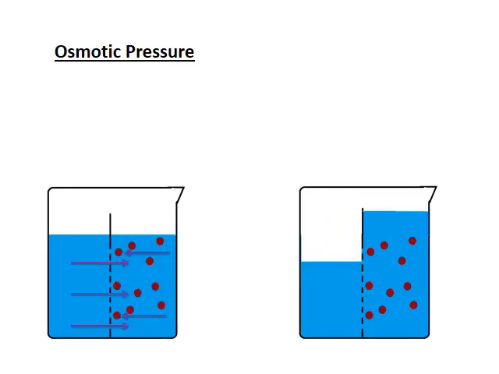Osmotic pressure is another phenomenon that's related to solute particles, and I've got a couple of beakers to illustrate this. Generally what we have is what's called a semi-permeable membrane separating 2 compartments, and on one side I have just pure solvent, and on the other I have solvent plus solute. What happens here is the water molecules are small enough to pass back and forth, but the solute particles are too big to get through these tiny pores.